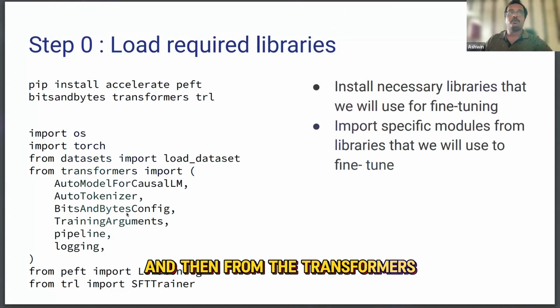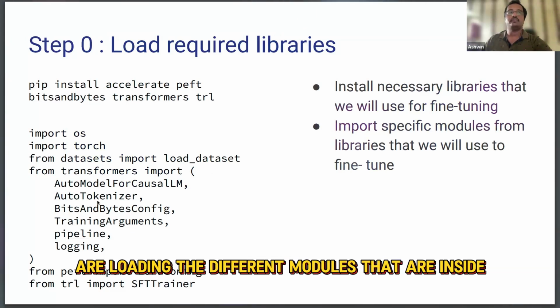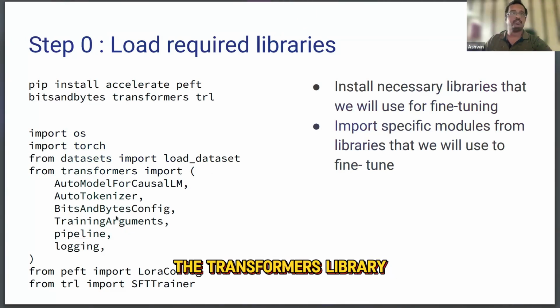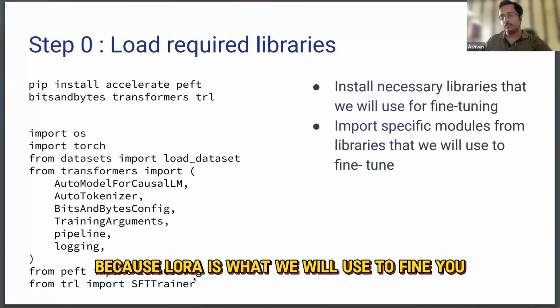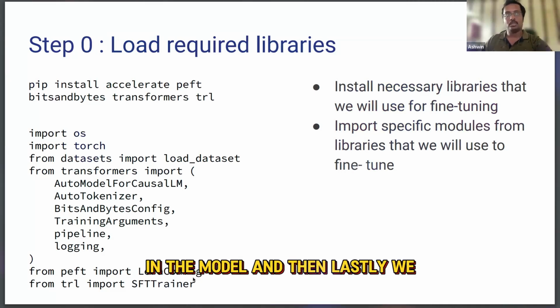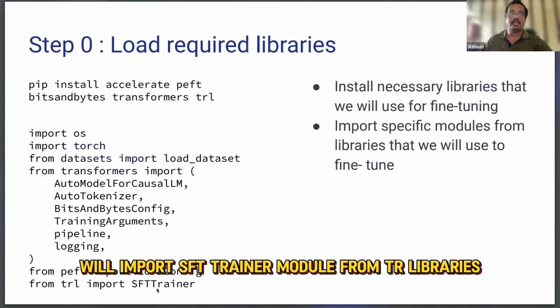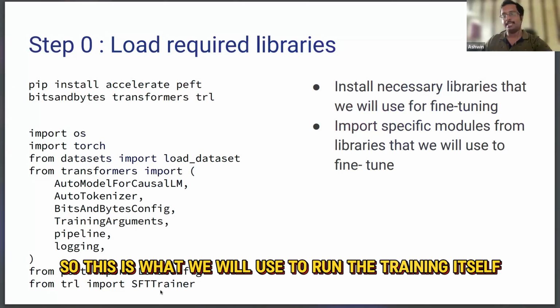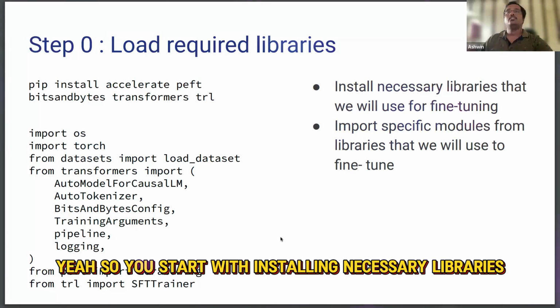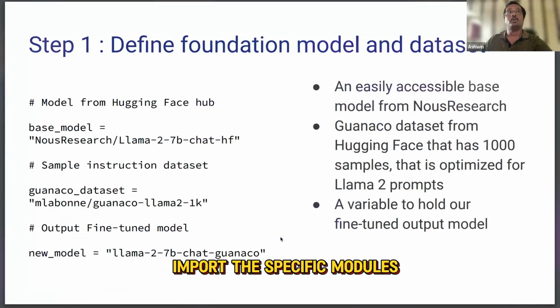And then from transformers, we are loading the different modules that are inside the transformers library. From PEFT, we are loading the LoRA config, because LoRA is what we will use to fine tune the model. And then lastly, we will import the SFTTrainer module from the TRL library. This is what we will use to run the training itself. So you start with installing the necessary libraries and importing the specific modules.